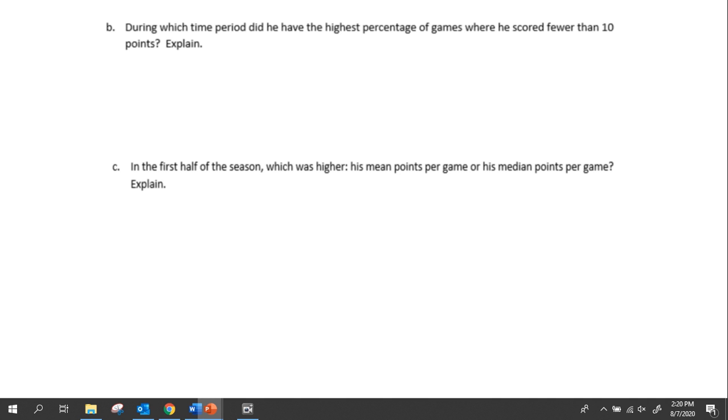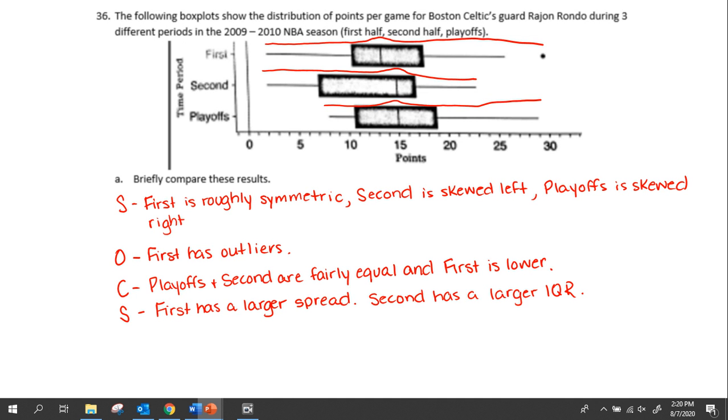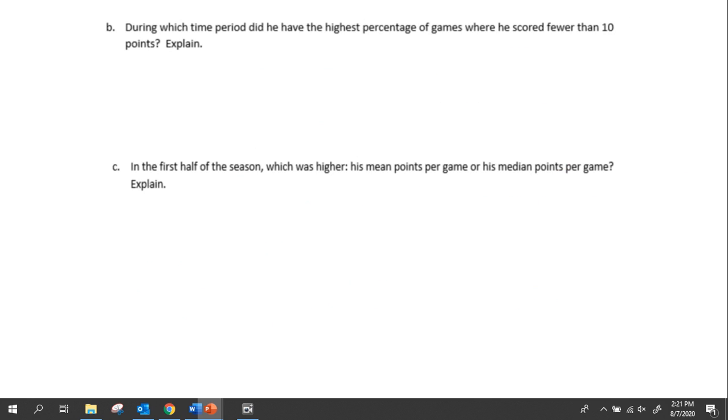During which time period did he have the highest percentage of games where he scored fewer than 10 points? So if I go back over here and make a line at 10, the highest percentage, even though it doesn't look like quite as much, would be in the second, because remember, this portion is 25% and this portion is probably 8%. So that would be 33% total.